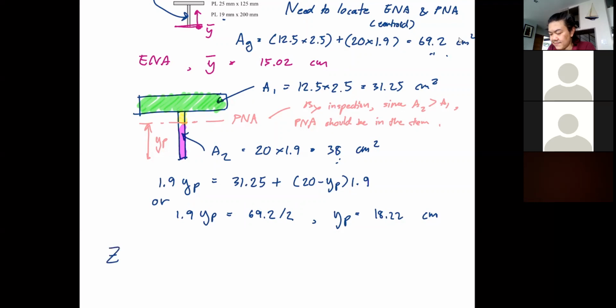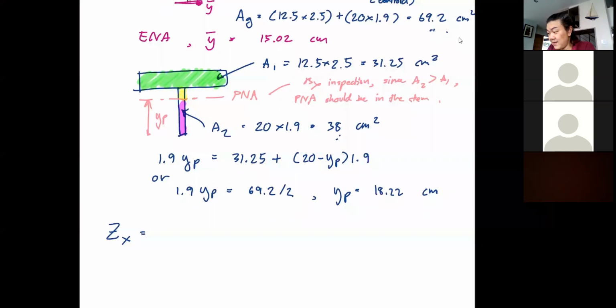So ZX is going to be, the first one is 31.25. That's the area, okay?